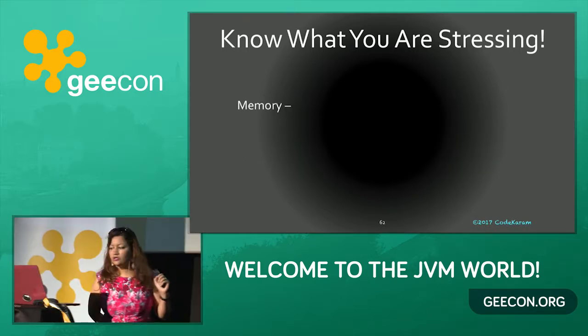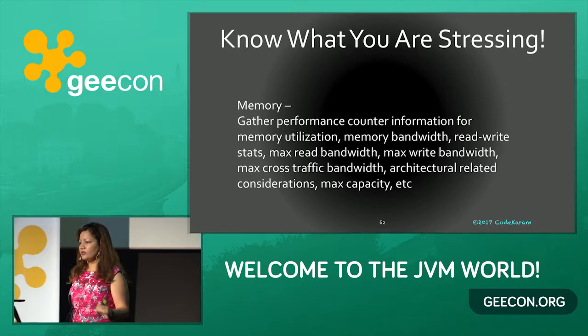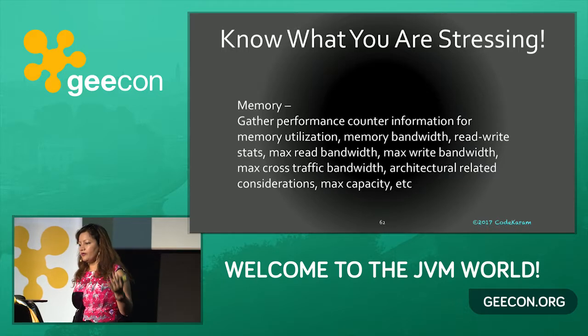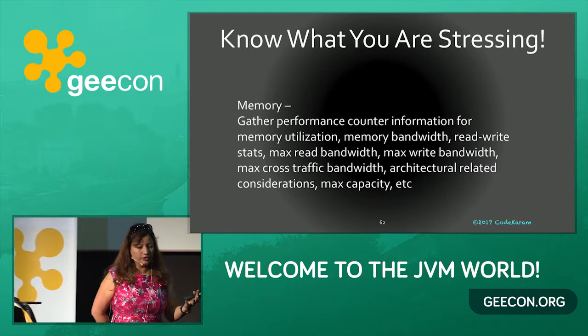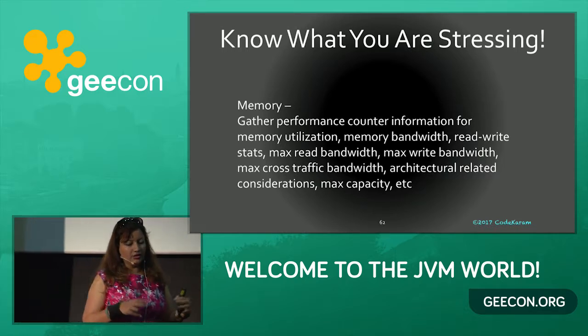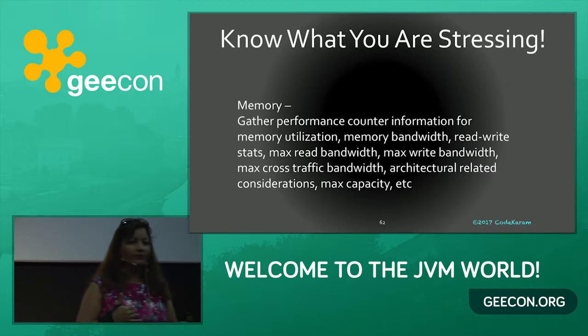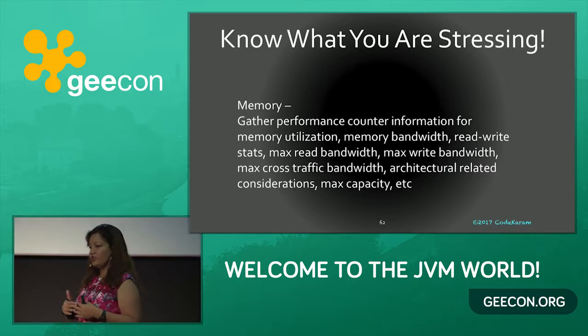For memory, you want to gather information based on utilization, bandwidth, read and write. So read and write ratios, and how they impact. For example, we were testing a new memory, a RAM that could have huge capacity. But guess what? Its write bandwidth was terrible. It was so bad that they were trying to hide it.